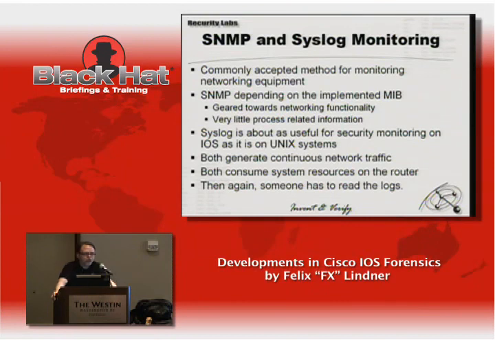And if Cisco didn't implement something like process list or process information in a MIB, you wouldn't see it, which is the case. And syslog on routers is about as useful as security monitoring as it is on Unix. You usually see all the interesting things like login worked and someone downloaded the file, but you're not going to see a syslog message saying, yeah, process just got owned.